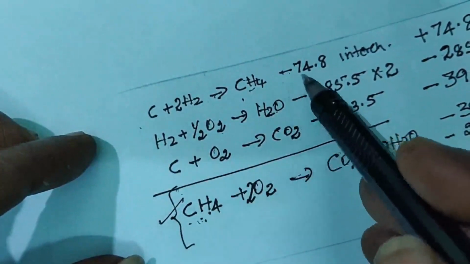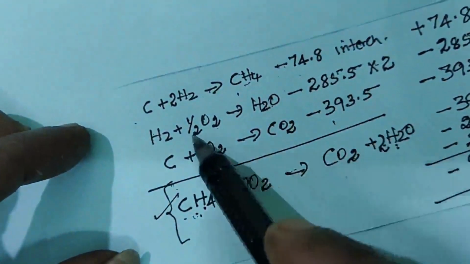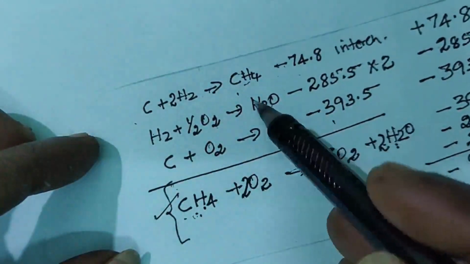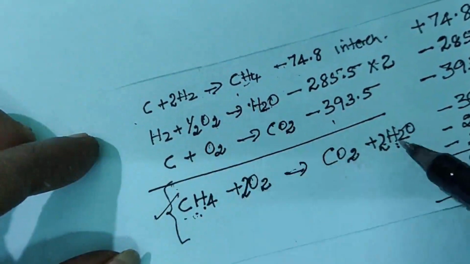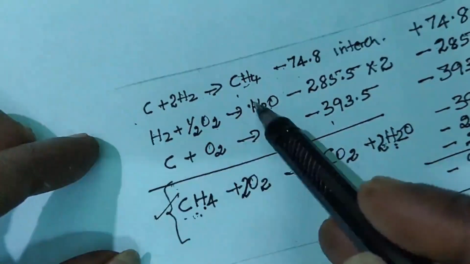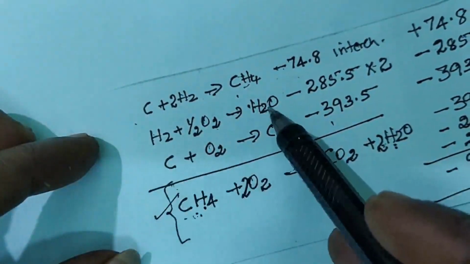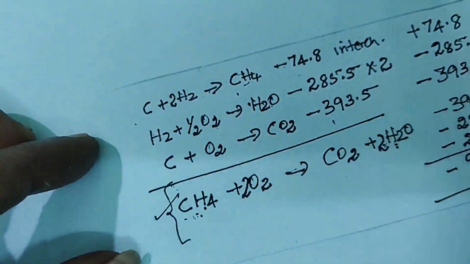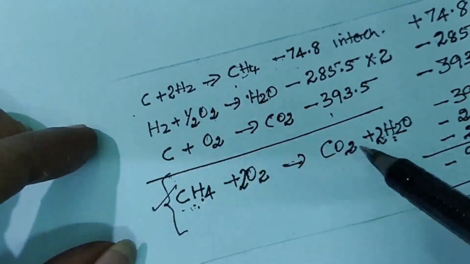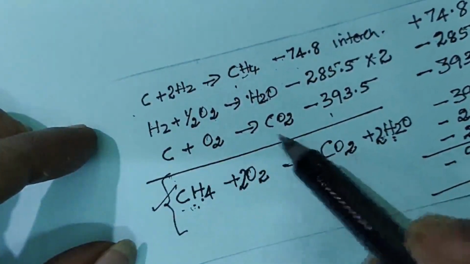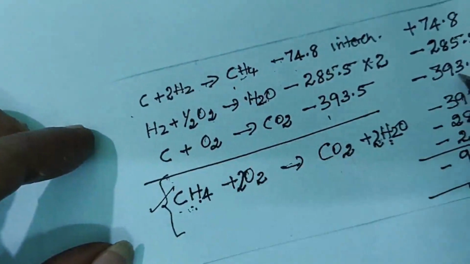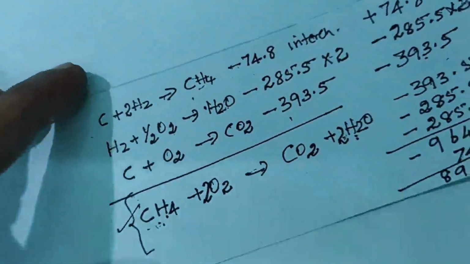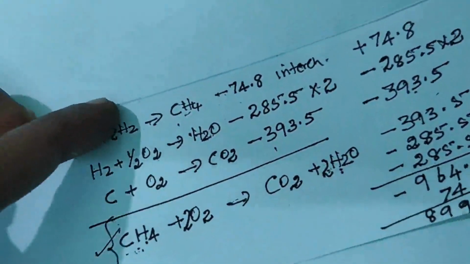If you interchange the equation, the sign also changes. Then in the second equation, water is a product in both, but here 2 molecules and there 1 molecule, so the whole equation is multiplied by 2. If the whole equation is multiplied by 2, the delta H value is also multiplied by 2. Then the third equation, carbon dioxide is on the product side in both. So by adding and solving, the value should be minus 890.3.